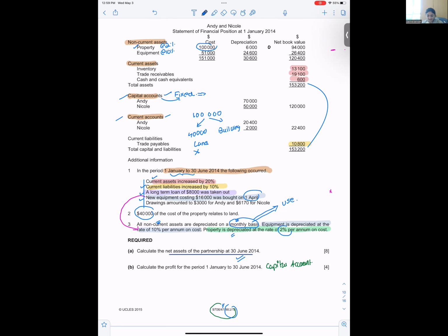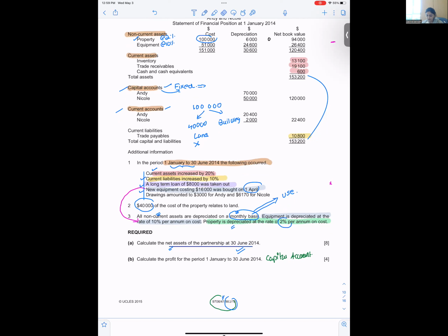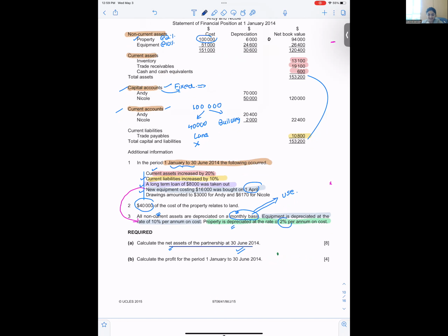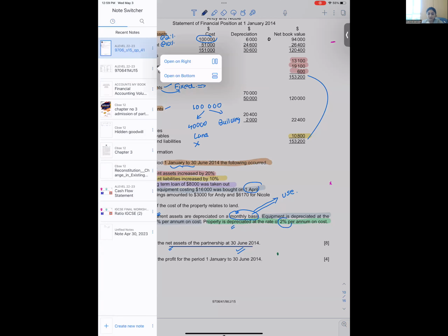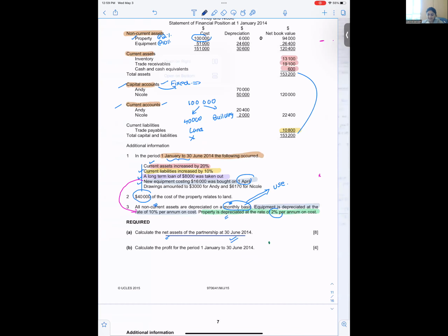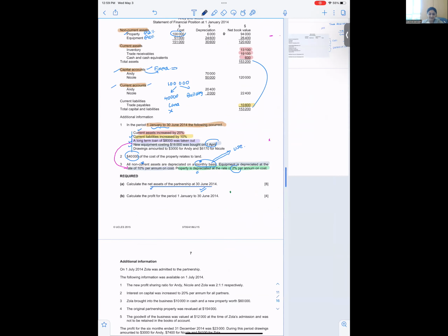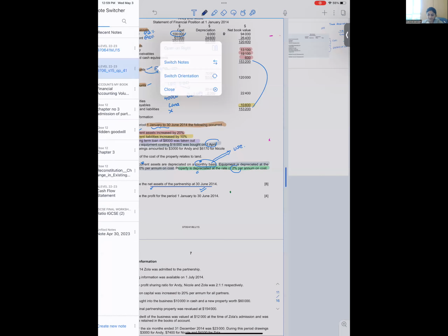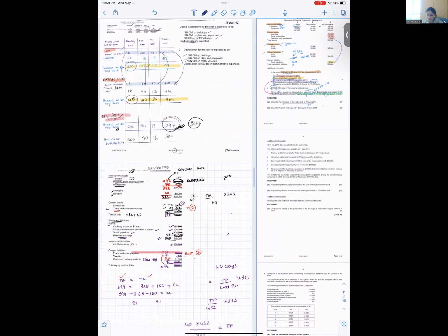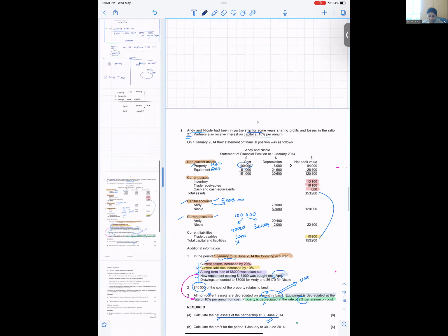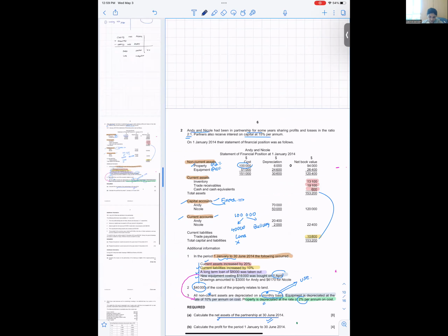Okay, calculate your net assets of the partnership. So when I am talking about the net assets of the partnership, what do we basically calculate? We calculate the assets taken over and we calculate the liabilities taken over. Okay, so what are we supposed to calculate? We are supposed to calculate the net assets of the partnership.